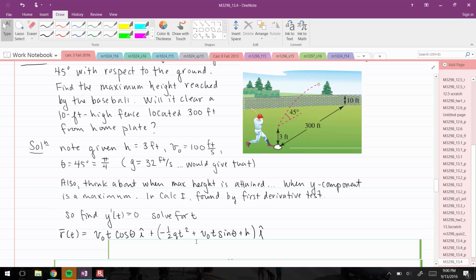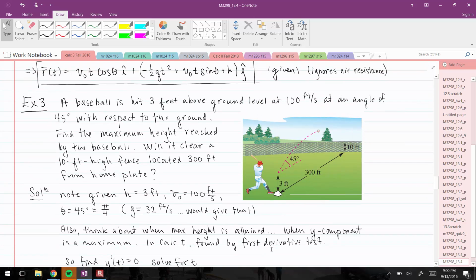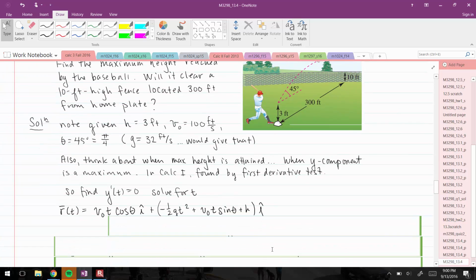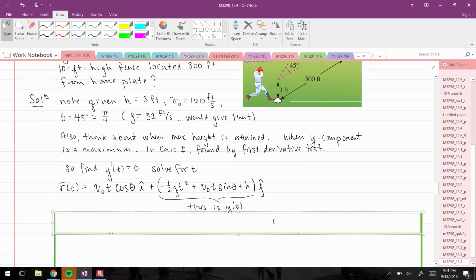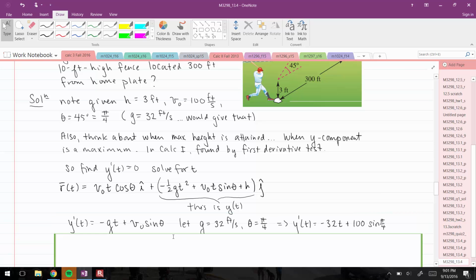Alright, let's move on here. Here is our equation. I put it down here again because it's kind of off the page that's given. Notice that we got the j, or the y component, right there. For the purposes of this problem, that's what we care about, and that's our y of t. So we're going to take the derivative of that with respect to t and set it equal to 0.